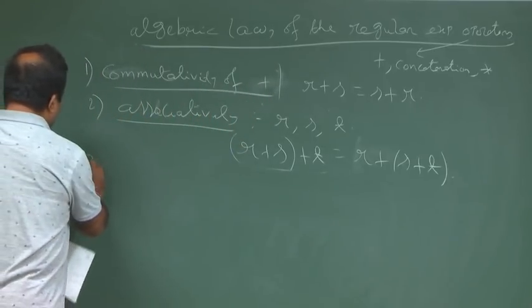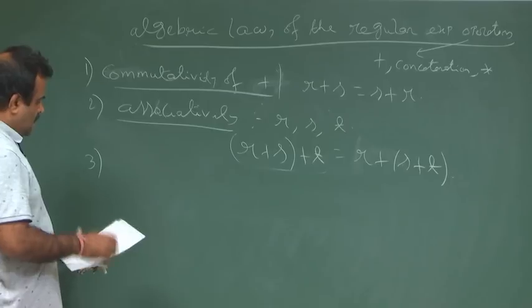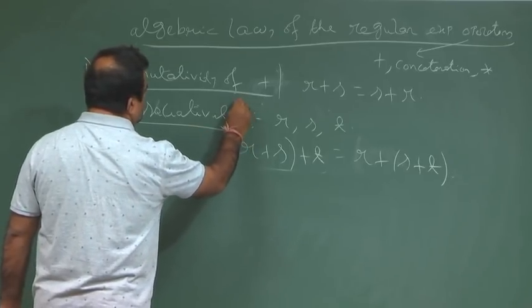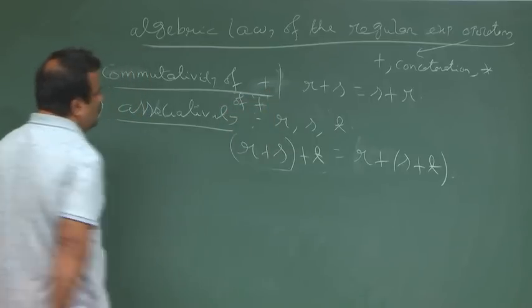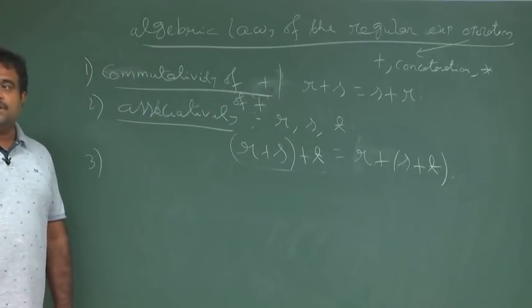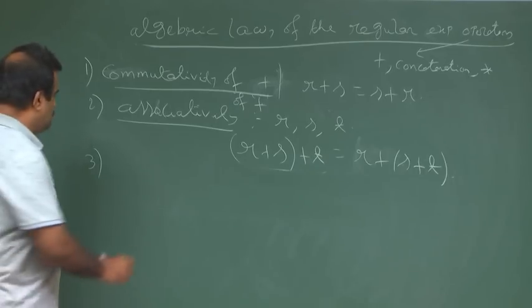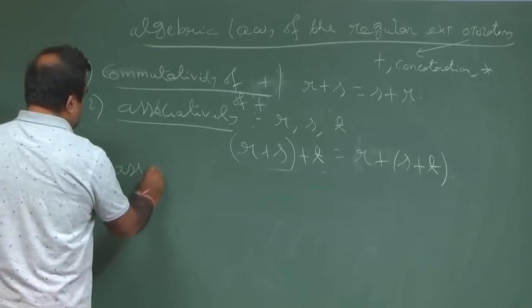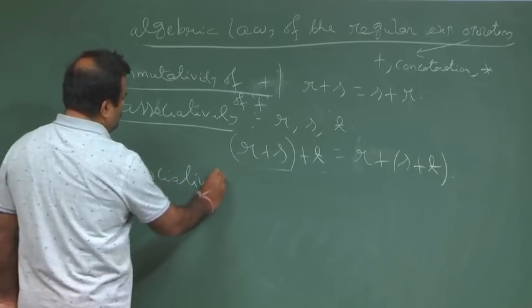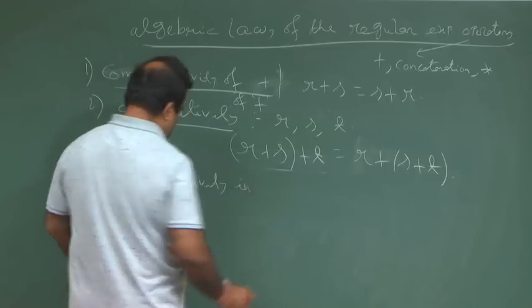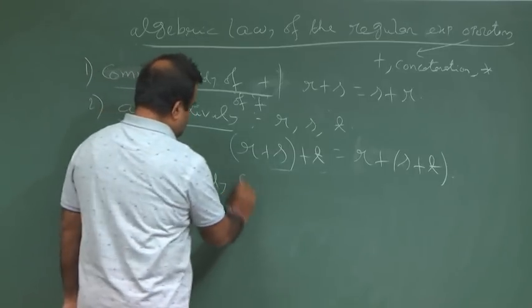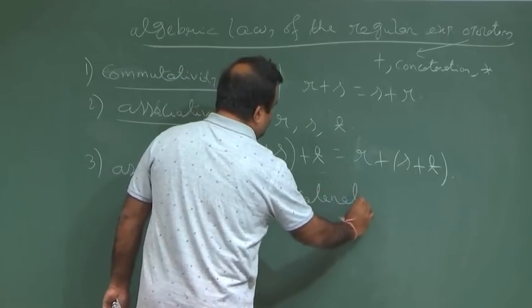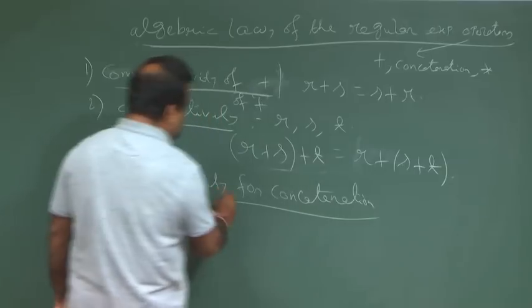Then the third property is associativity, now for concatenation, after plus or union.